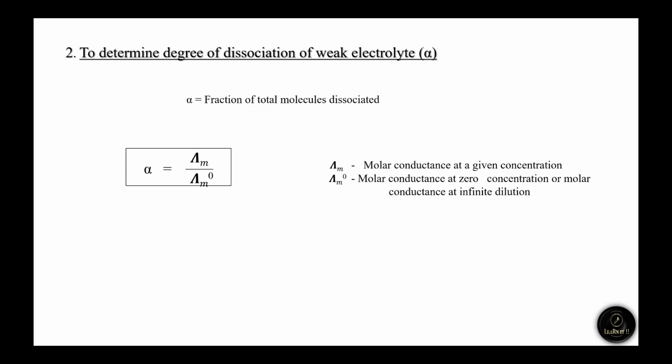Next application of Kohlrausch law is to determine the dissociation constant of weak electrolyte, that is Kd. So it is calculated by using the formula Kd is equal to C into alpha square divided by 1 minus alpha. Where C is the initial concentration of a weak electrolyte and alpha is the degree of dissociation.